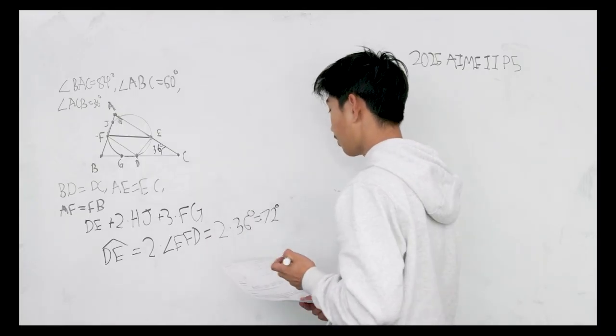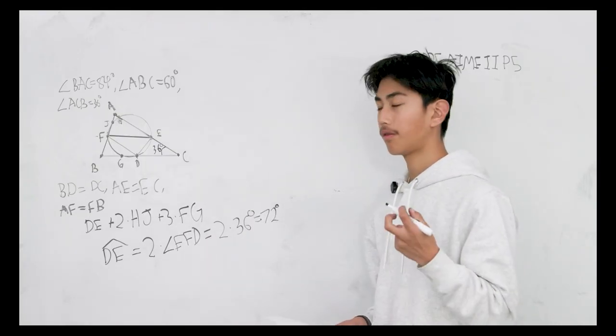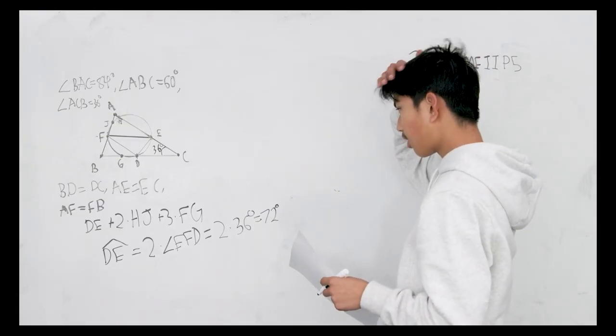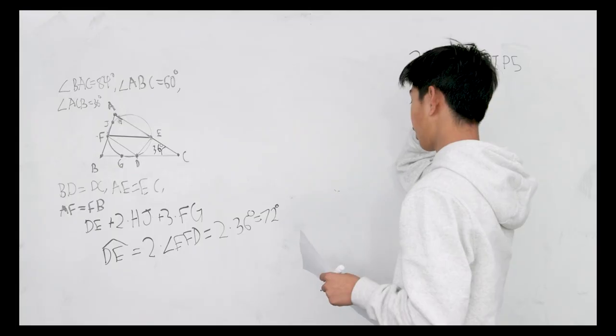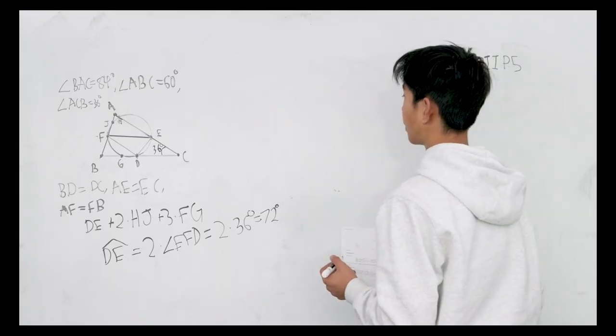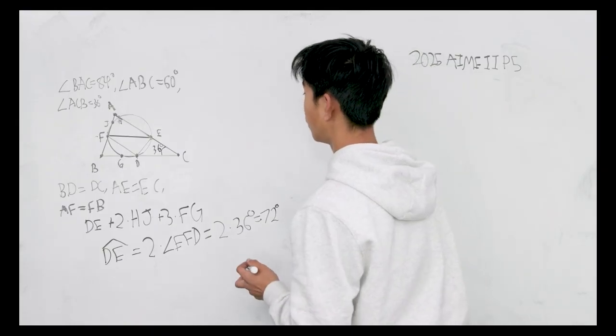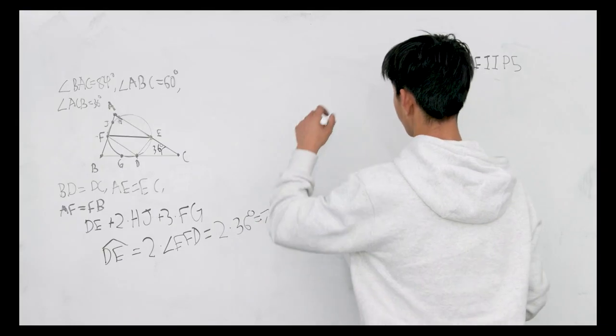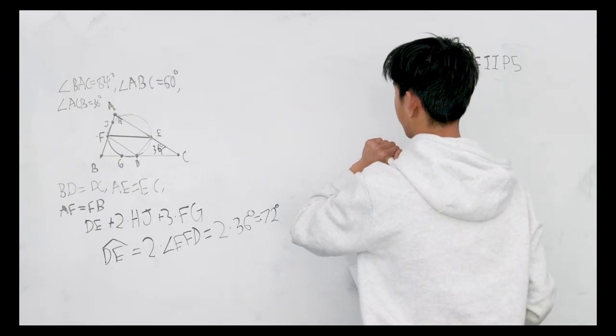So what we can do is keep on angle chasing. Here we can do basically the same thing with FG. This is definitely not drawn to scale, but it's all right. So we can start solving.